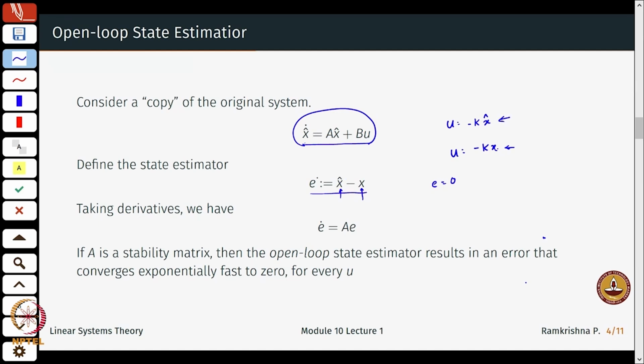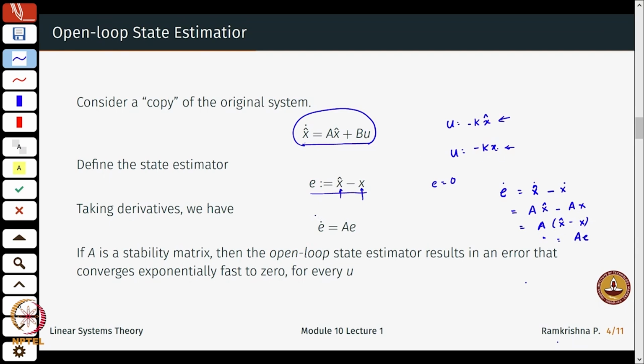So, if I just look at the error dynamics, it is easy to derive that e dot is x hat dot minus x dot, that will be simply A x hat minus A x. So this will simply be A times (x hat minus x), that will be A times e, and the B u terms will just cancel out, right.